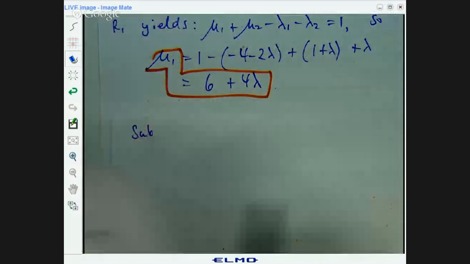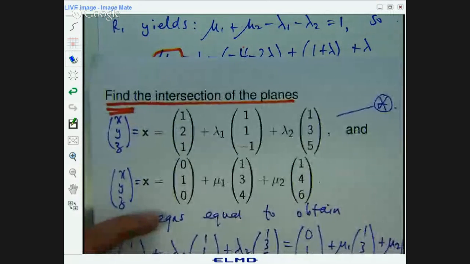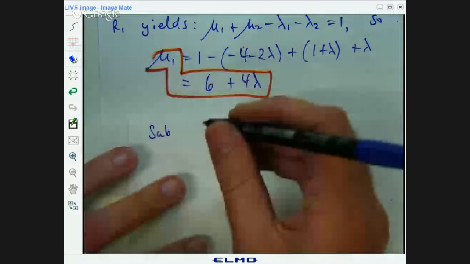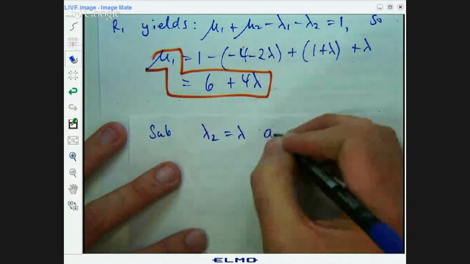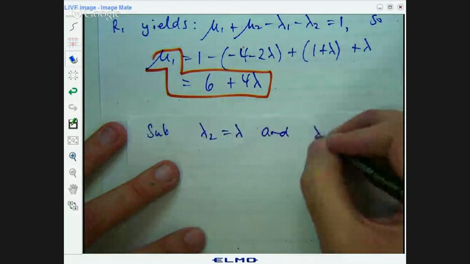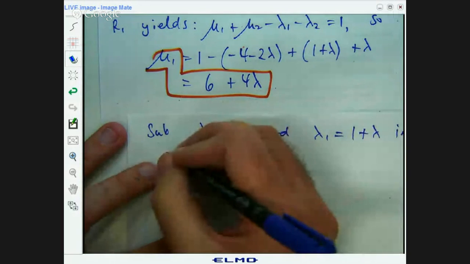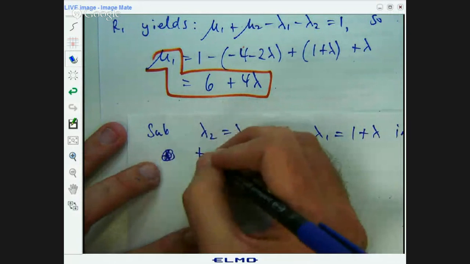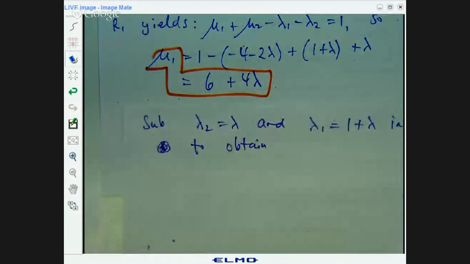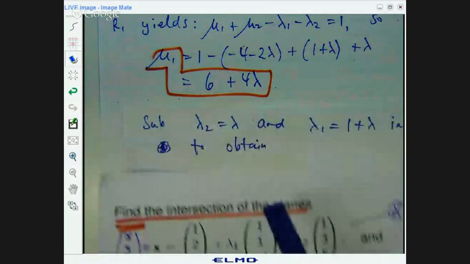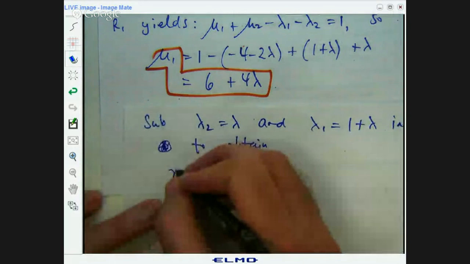Let's give this a label, say star. I'm going to call this first one star. So substitute lambda 2 equals lambda and lambda 1 equals 1 plus lambda into star to obtain the following. Replace lambda 1 with that and lambda 2 with that, and then it's a simplification.